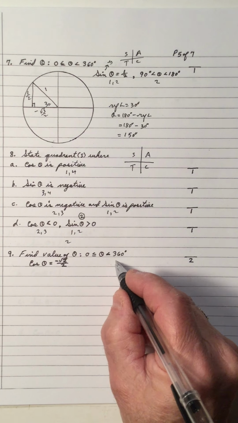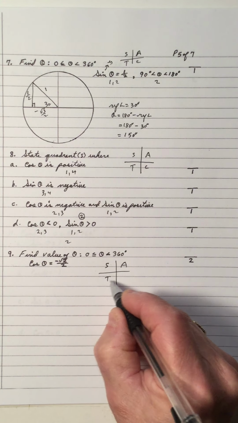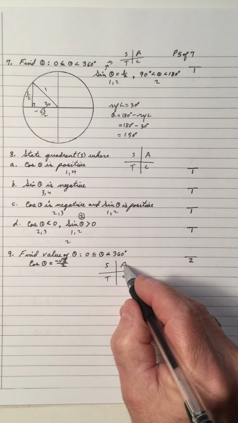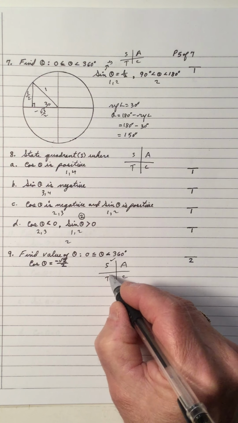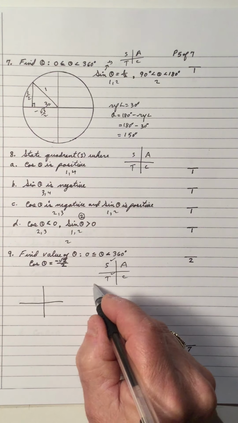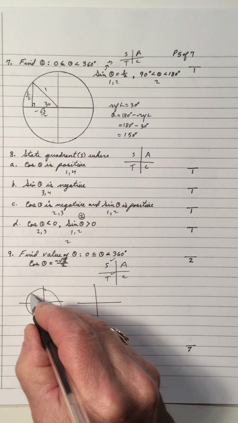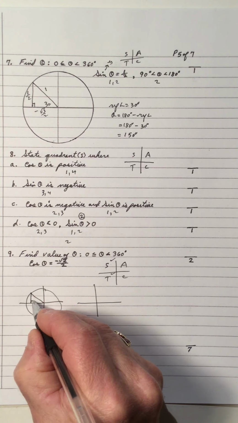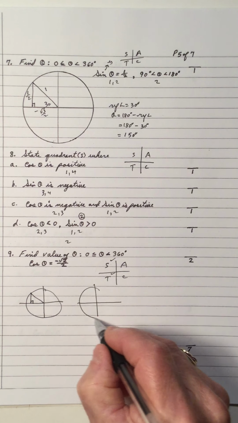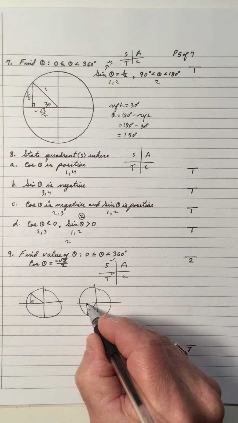Okay, so we have add sugar to coffee. Cos is positive in 1 and 4, so it's negative in 2 and 3. So we draw the terminal arm in quadrant 2, with a perpendicular. And with the circle, we draw the terminal arm in quadrant 3. We do a perpendicular.